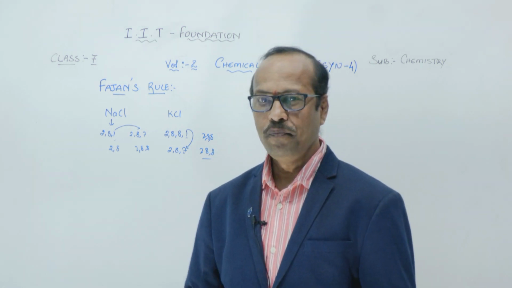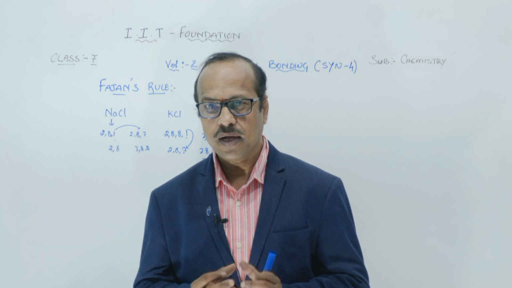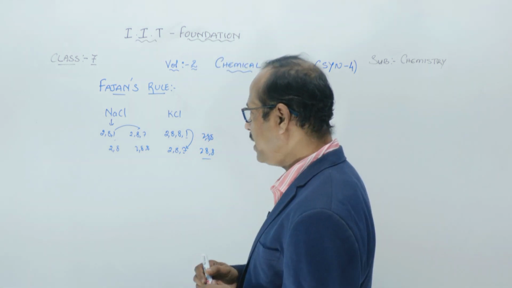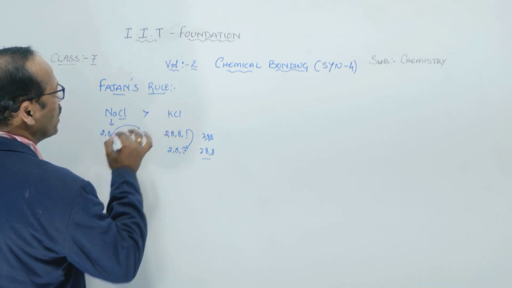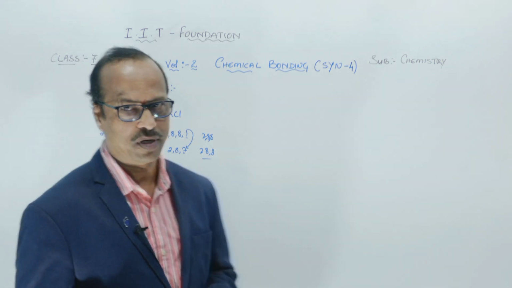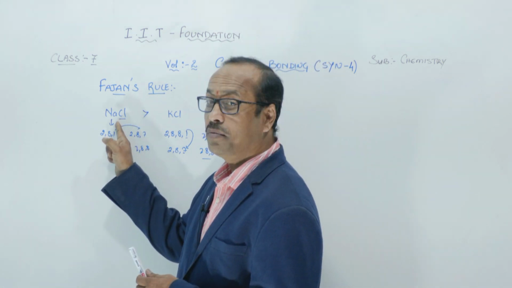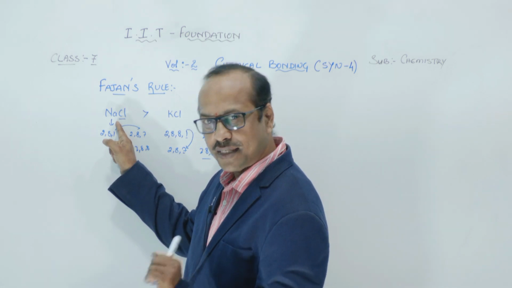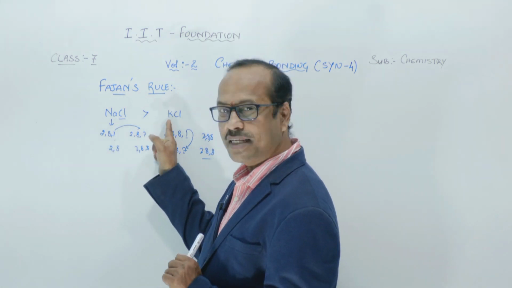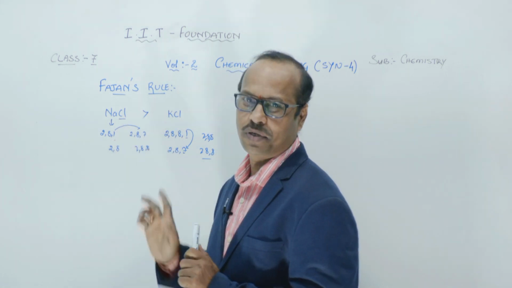If you take sodium chloride and potassium chloride, sodium chloride is more ionic than potassium chloride. More ionic means the covalent nature is very little. Less ionic means the covalent nature is a little more than this one.